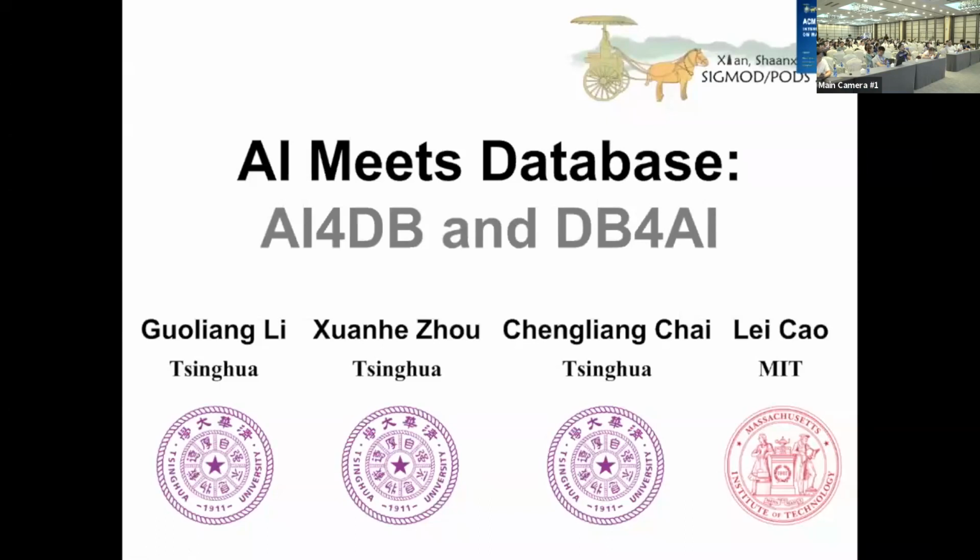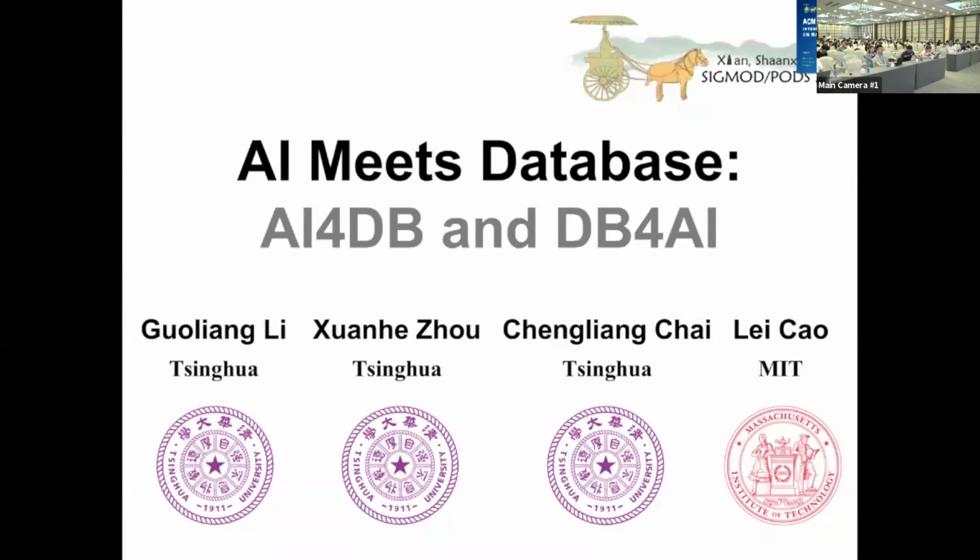In this tutorial, we will first introduce AI4DB, which wants to utilize AI techniques to optimize databases. For example, we use deep learning to estimate the cardinality and cost of a query, which can improve the accuracy of estimating the cardinality for multiple fields or multiple tables.